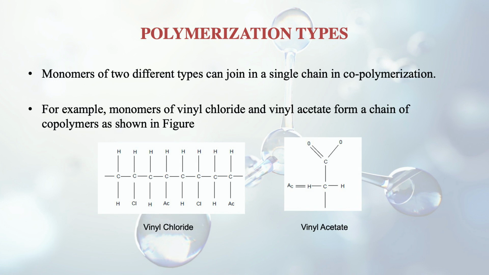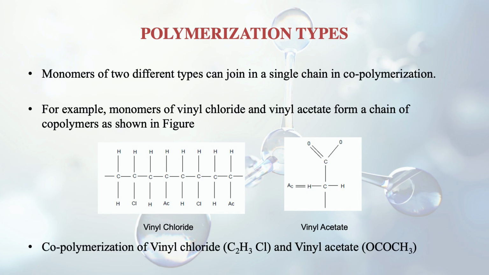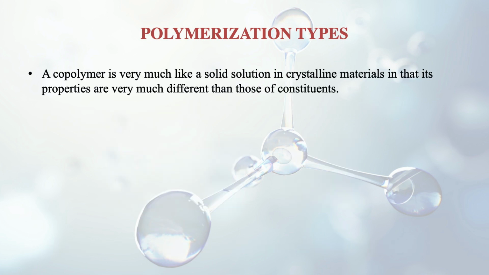These two are different and they combine together to give a new polymer. A copolymer is very much like a solid solution in crystalline material, such that its properties are very different from those of the constituents. That is why it is like a solid solution.